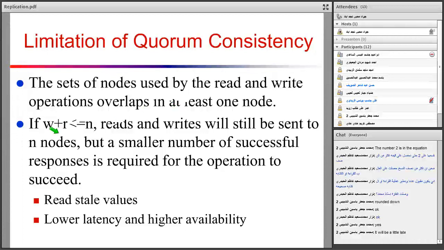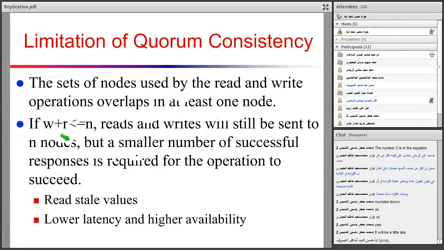But if W plus R is lower or equal to N, it's possible that there is not any overlapping node for some queries. Reads and writes will still be sent to N nodes, but a smaller number of successful responses is required for the operation to succeed.